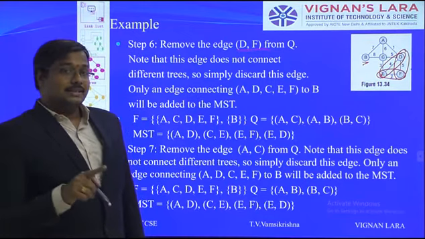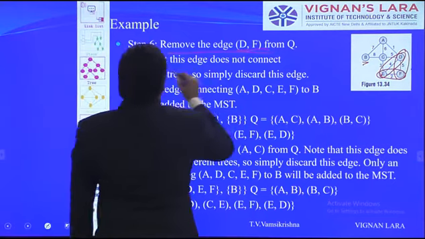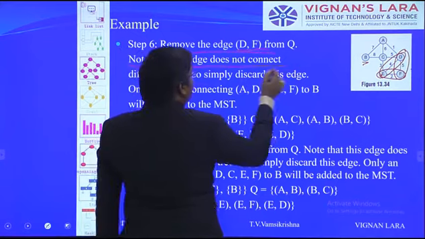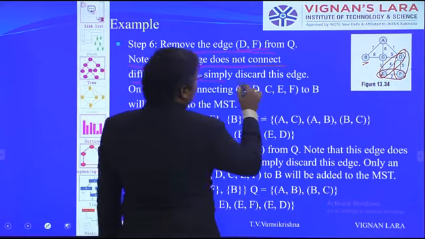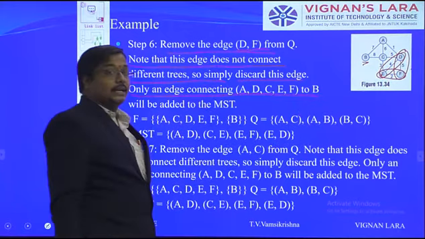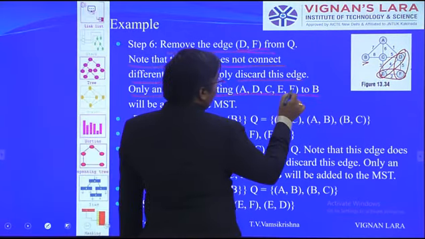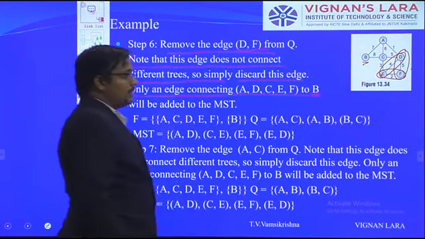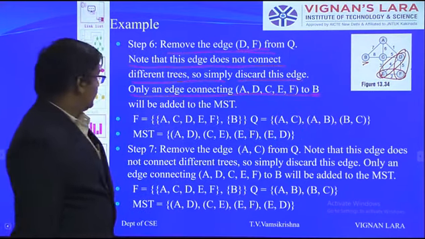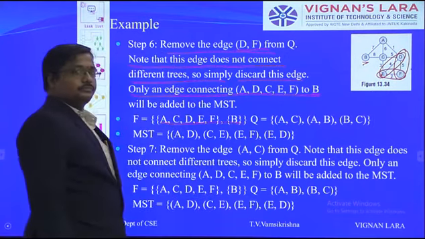So again, note that this does not connect different trees. So simply discard this edge and the status is the same. Same means A, D, C, E, F is one component, B is another component. So here also no change.